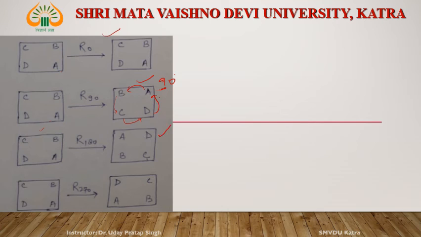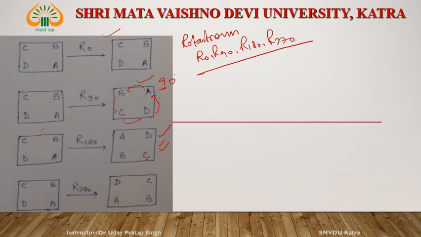This is R180. Rotating once more by 90 degrees, we get 270. These operations are rotations: R0, R90, R180, R270.